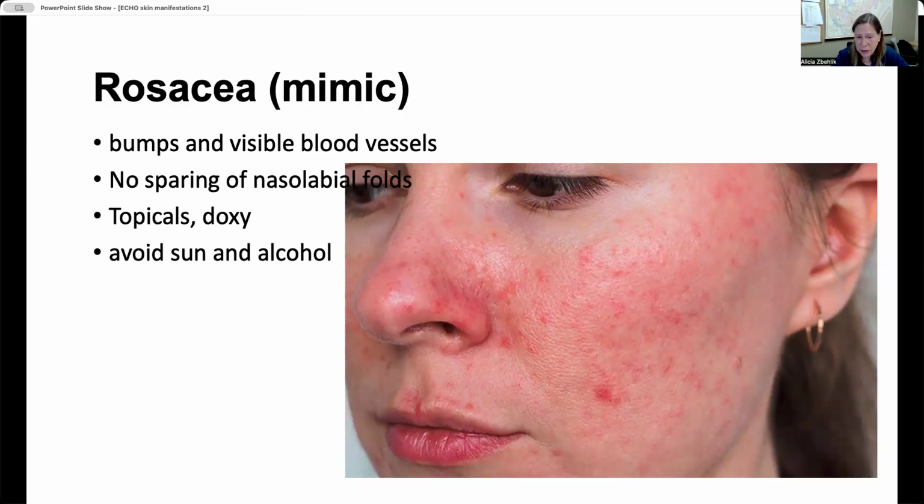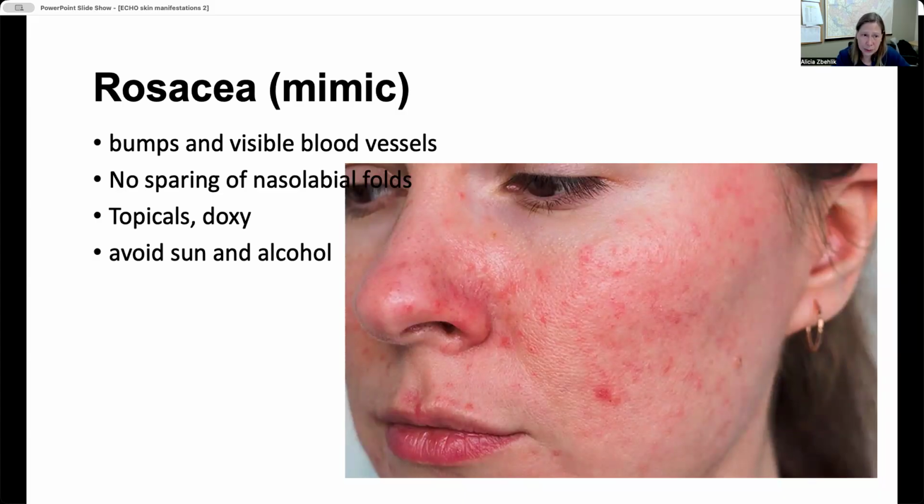This is actually a case of rosacea, and I probably see more rosacea. It's more common than lupus. And some of the things that help us distinguish that are the bumps, these visible blood vessels, and importantly, and I'm not able to point it out on the screen, but there's no sparing of the nasolabial folds, and that'll be a theme that we talk about in lupus skin.